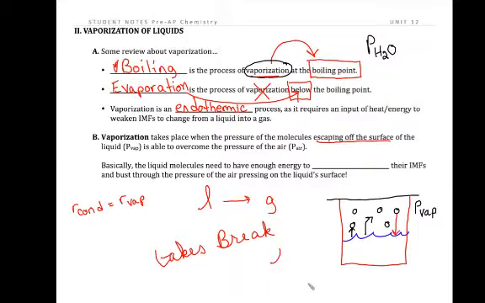And when that happens, we're going to be setting up an equilibrium. And when that happens, we can report those vapor pressures. So, the liquid molecules need enough energy to break their intermolecular forces and reach the pressure there.